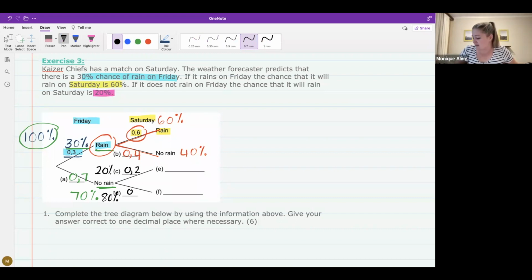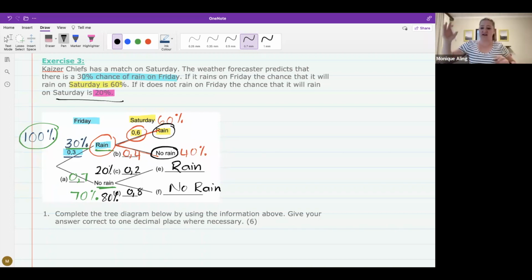And that in decimal form is 0.8. And then we just follow the rain, no rain pattern for E and F. So C is 0.2, 20% because of what they told us in the question. And then we know that the other one must be 80% because the two added together should equal 100%. And then E is rain and F no rain.